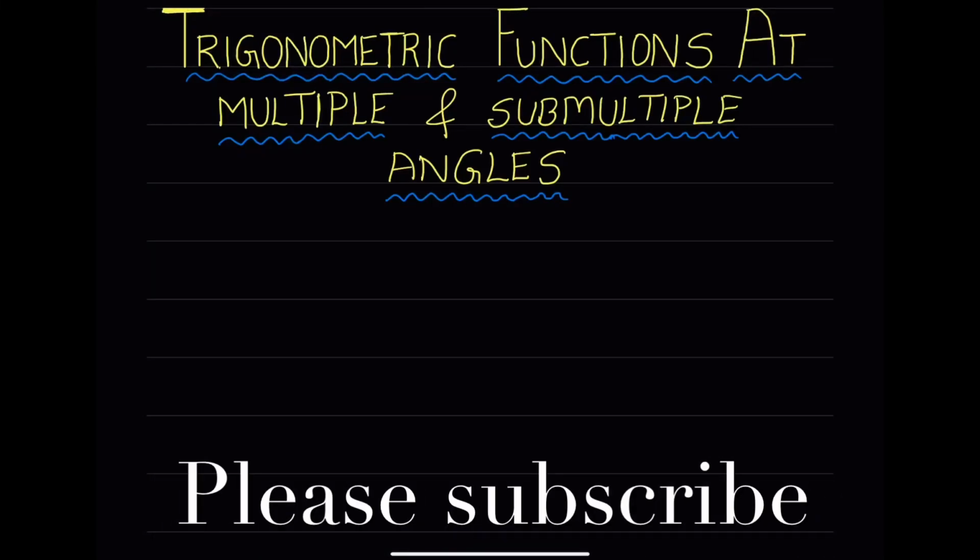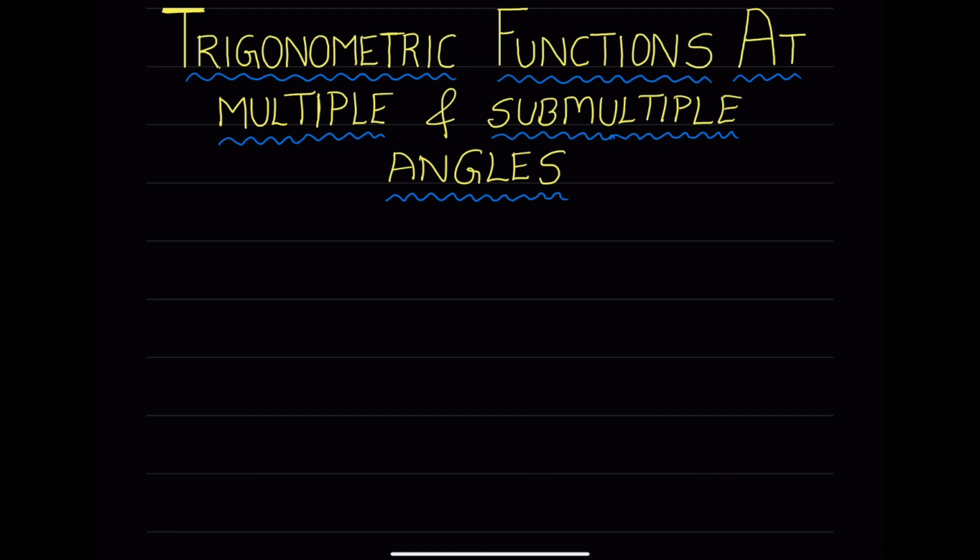In this video and the next few videos, we are going to understand trigonometric functions at multiple and submultiple angles. So just to get a basic understanding of what multiple and submultiple are, we are going to find formulas of trigonometric functions at 2x, 3x, 4x.